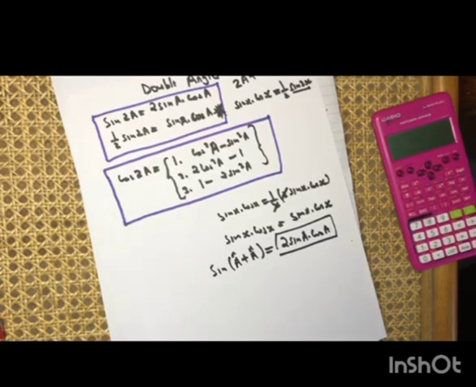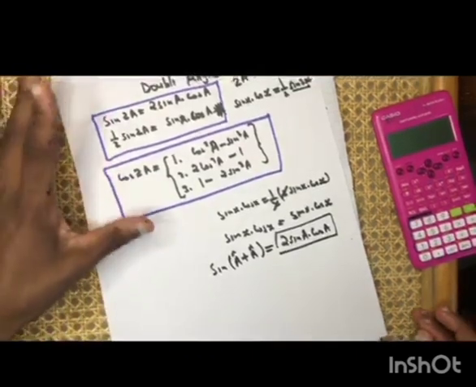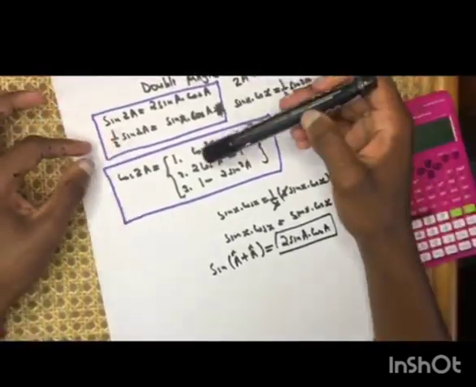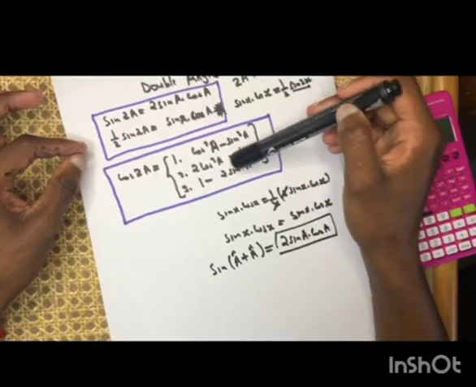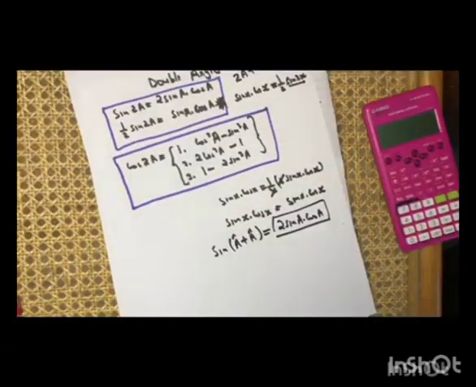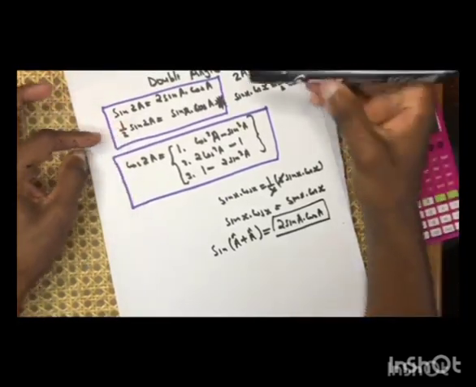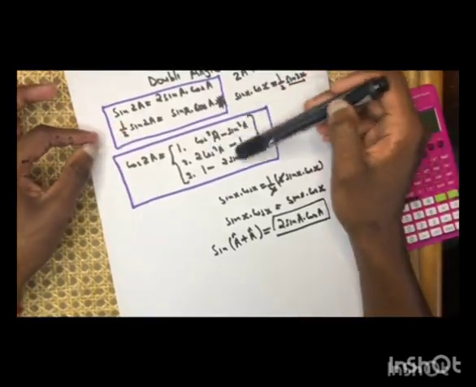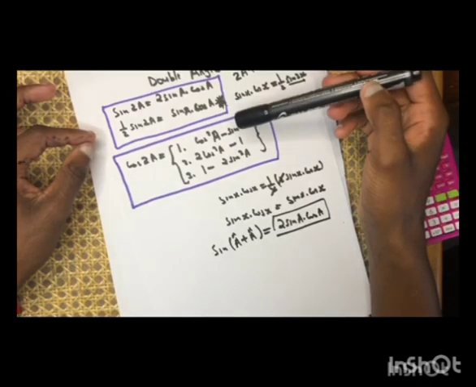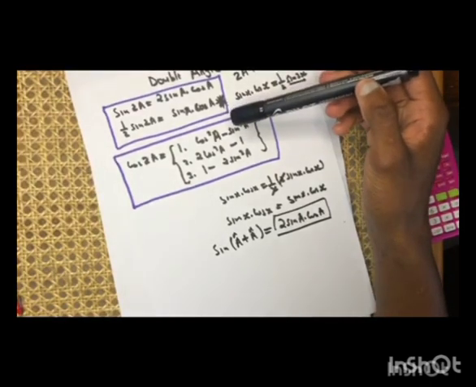But you need to know which one you are going to use when. Understand? So in this case, guys, we have to know that if I'm given the cos 2A, most of the time we are going to use this one whenever we're proving identities and whenever we're doing the general solution.